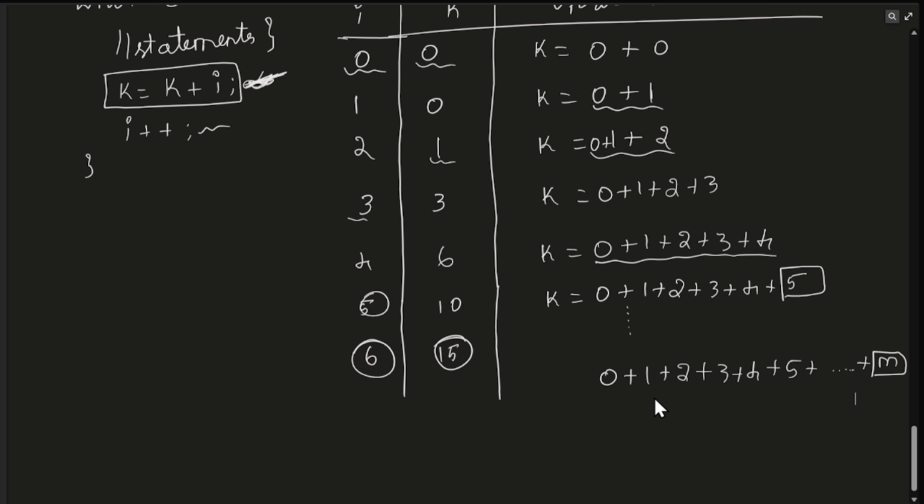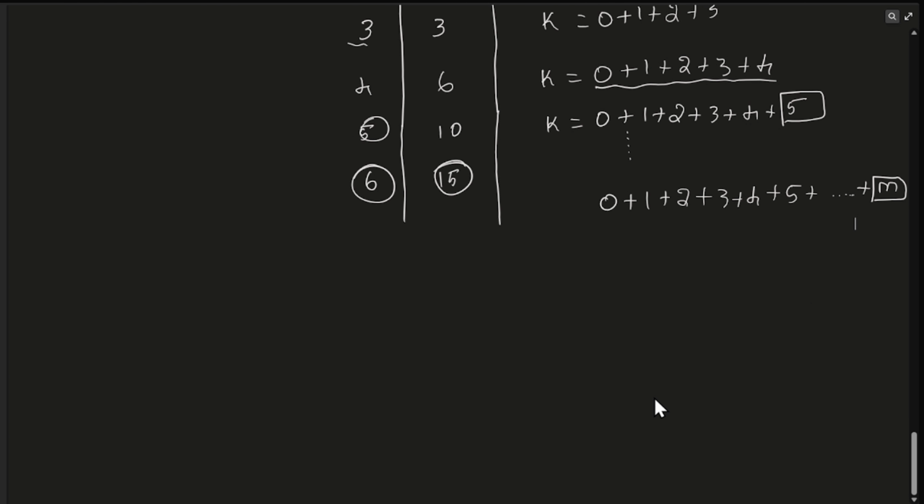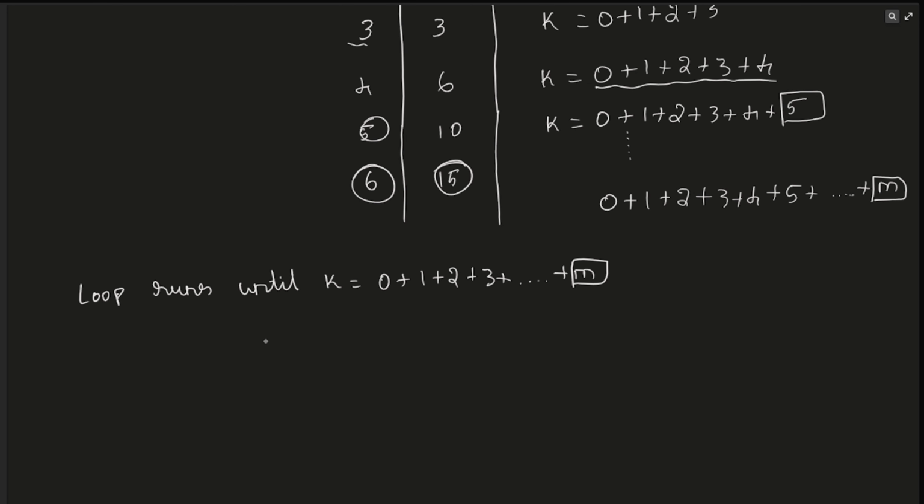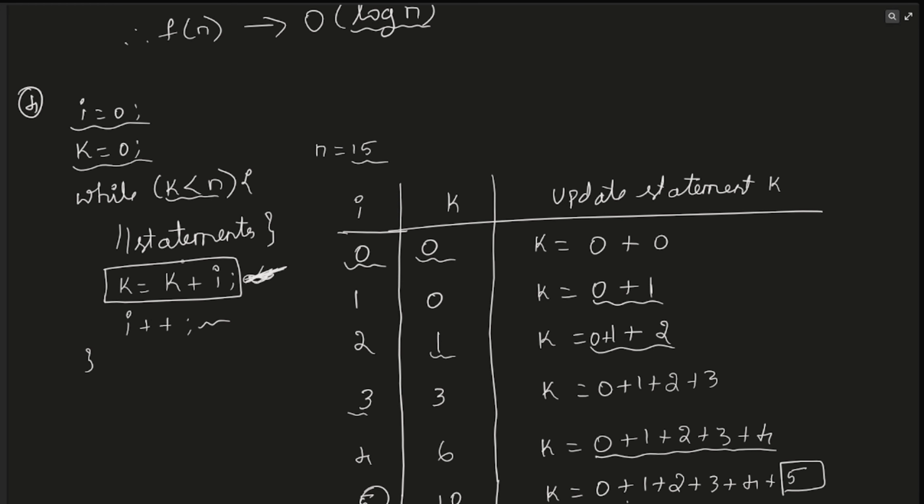Before that, let me just write this down here. Loop runs until k equals 0 plus 1 plus 2 plus 3 plus until m. To find out this m, we need a lead. What is that lead? We need to check when our loop is stopping.